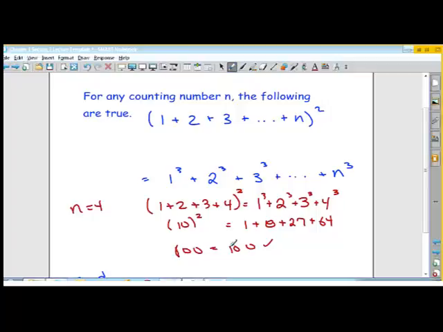In this case, they're giving you the formula, which is your rule, and you're applying it to a specific example, which I picked n equals 4. That would be deductive reasoning.